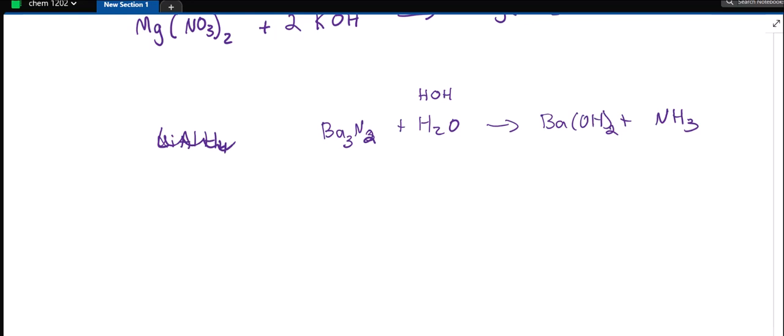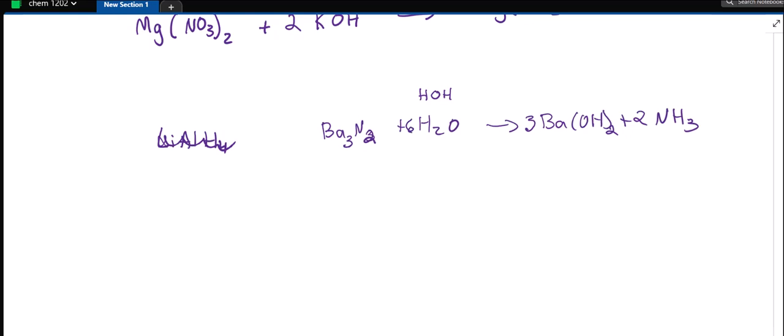So I see that I've got 1 barium here. I usually start with the thing that is like the weirdest, and by the weirdest I mean not hydrogen or oxygen. So I'll put a 3 here. And nitrogen, I've got 2 of those, so I'll put a 2 here. So now I see I've got 6 OHs and 6 H's, so it looks like a 6 here will do it.